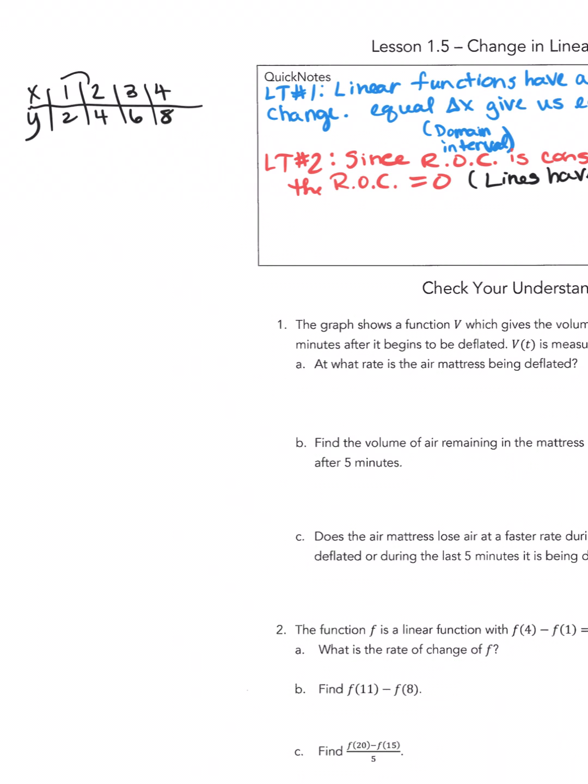So we have equal change in X, plus 1, plus 1, plus 1. Here we have plus 2, plus 2, plus 2. This is what we call our first difference. These are the same, so we know this is linear.